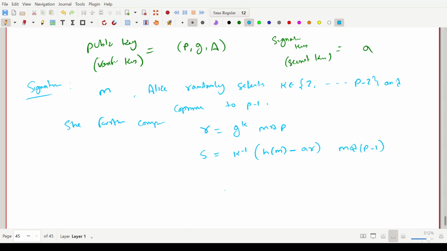Finally, Alice outputs the signature delta, which is R comma S. So here the signature is of double size on message M.